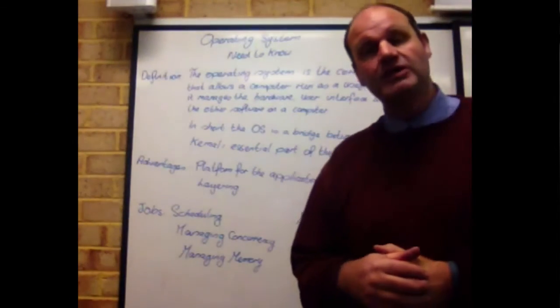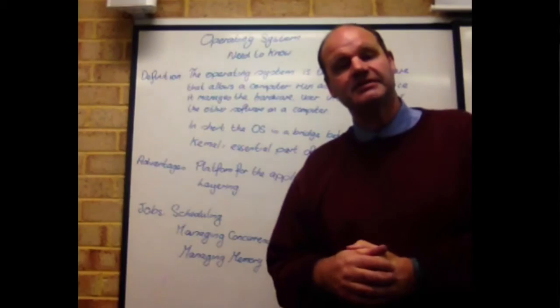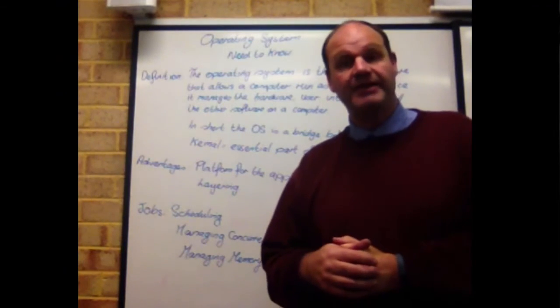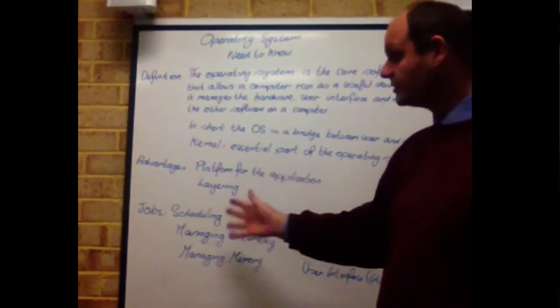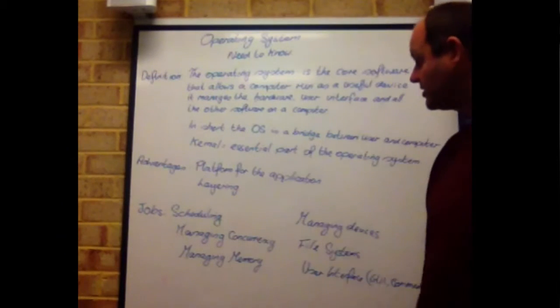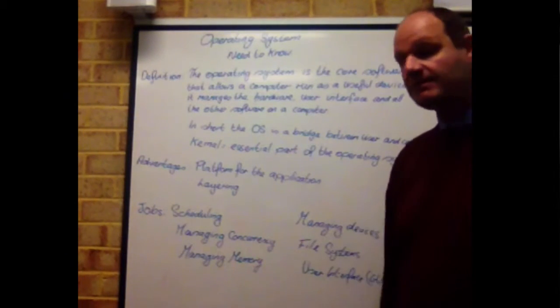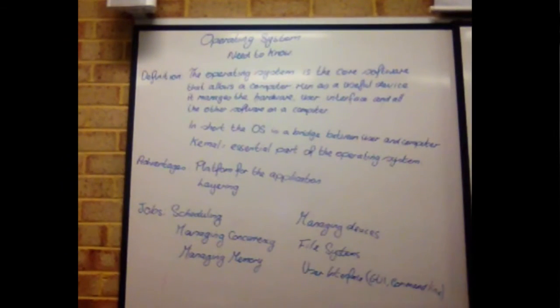Finally, the jobs that the operating system does are quite varied and all are essential. We looked at scheduling, managing concurrency, managing memory, managing devices, file systems and user interface.